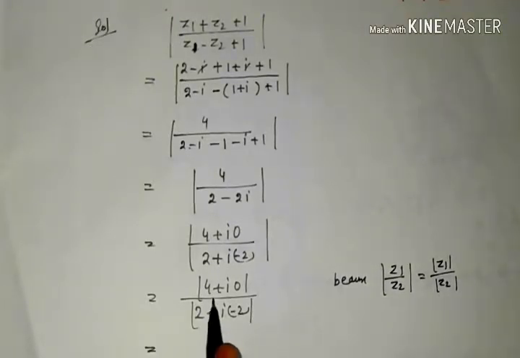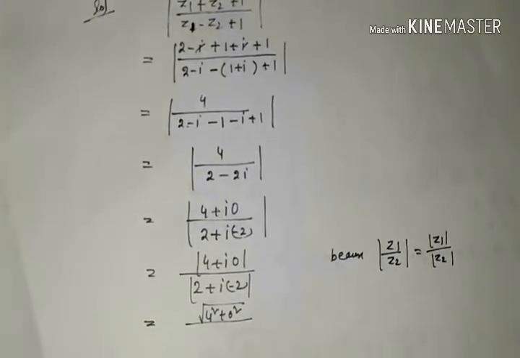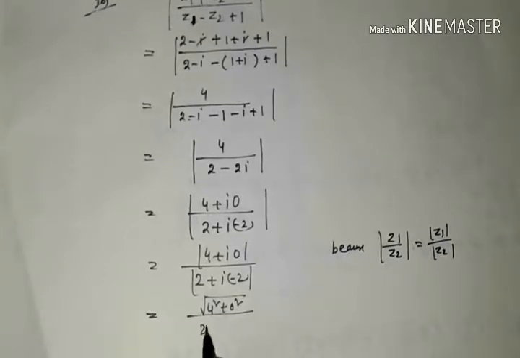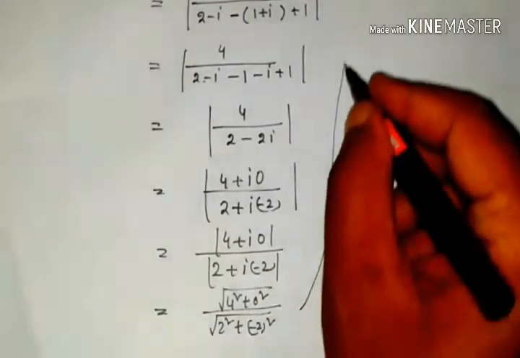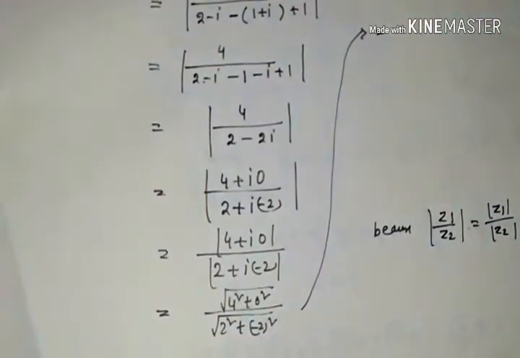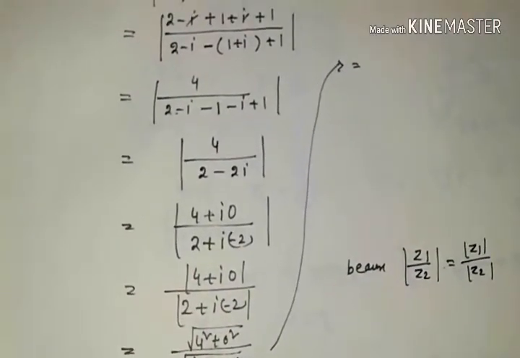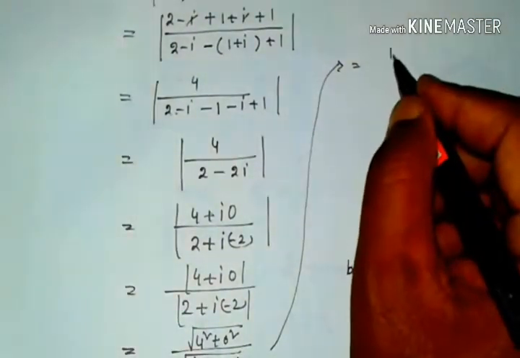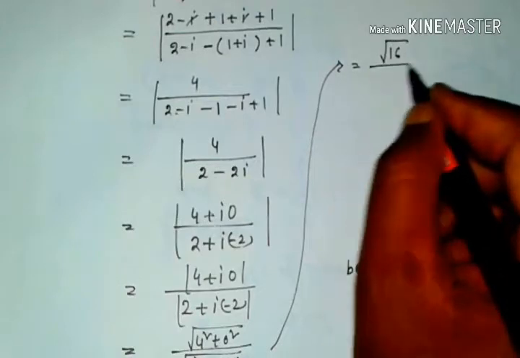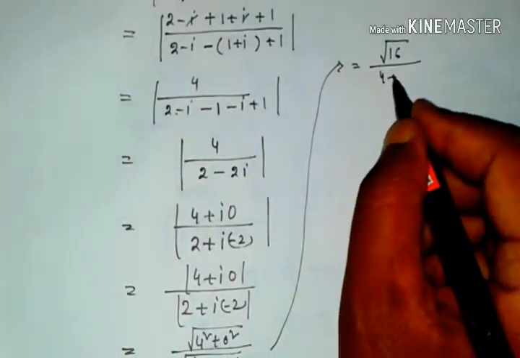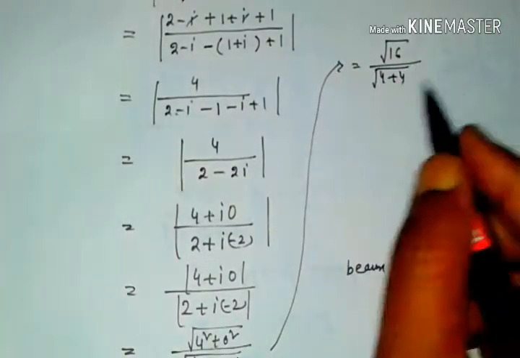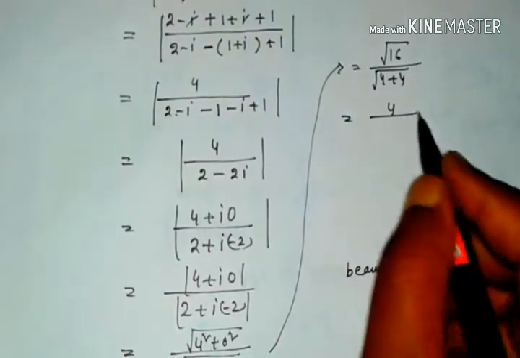Therefore we can write this as root over 4 square plus 0 square, over root over 2 square plus minus 2 square. From here we can write this as root 16 over root of 4 plus 4, that is root 8.